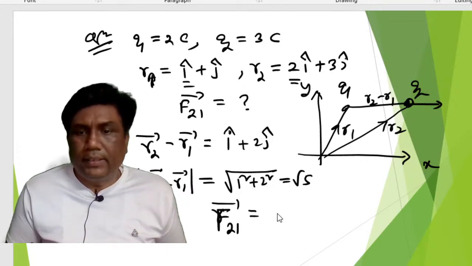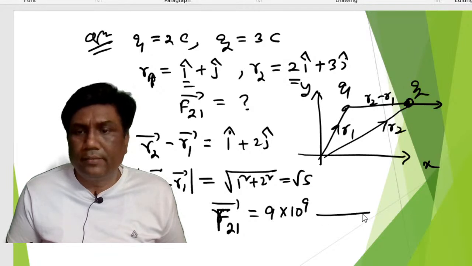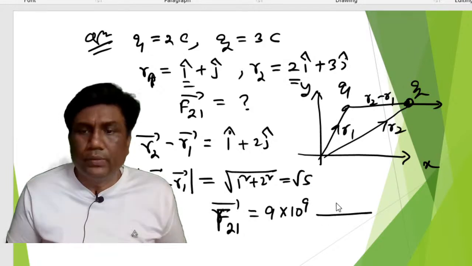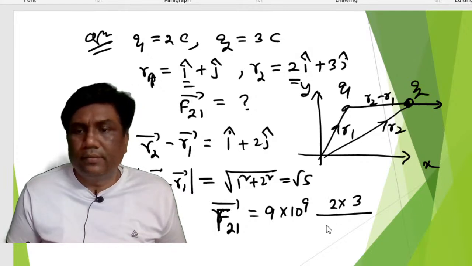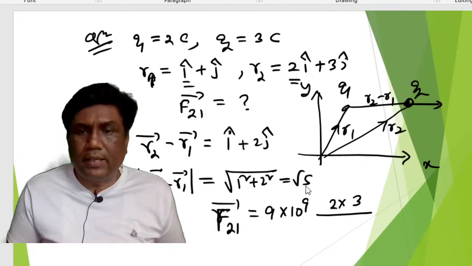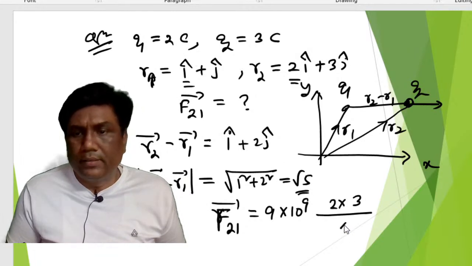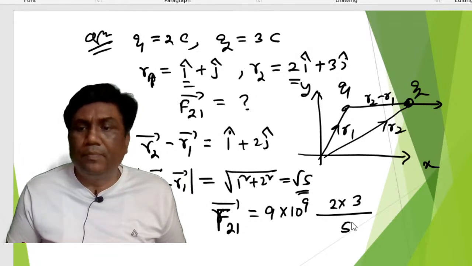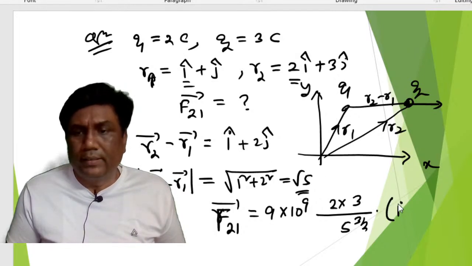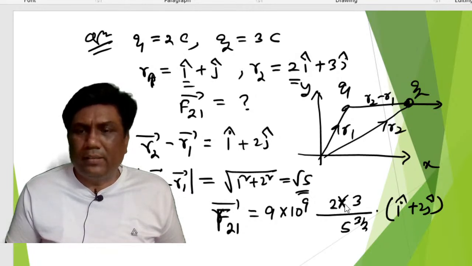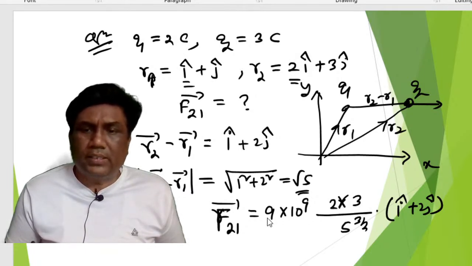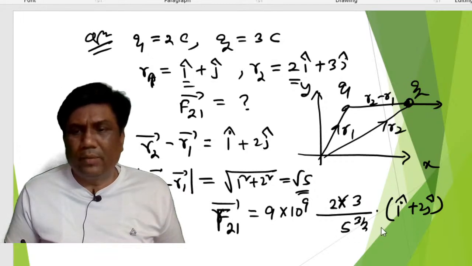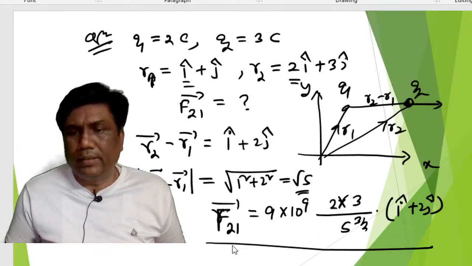It is equal to 1 by 4 pi epsilon naught, that is 9 into 10 power 9, times q1 q2, that is 2 into 3, divided by |r2 minus r1| whole cube, which is root 5 whole cube, means 5 to the power 3 by 2, into the vector r2 minus r1. If you simplify it a little bit, 3 into 2 is 6, 6 into 9 is 54, whatever you can simplify, you do it and you get the answer.